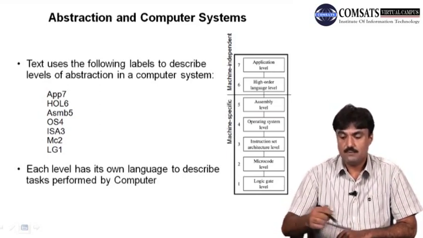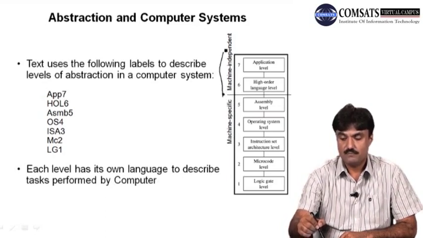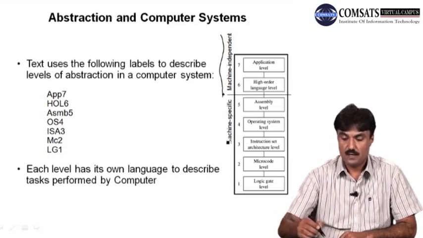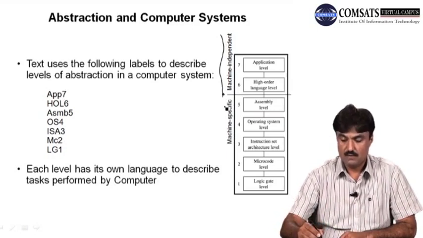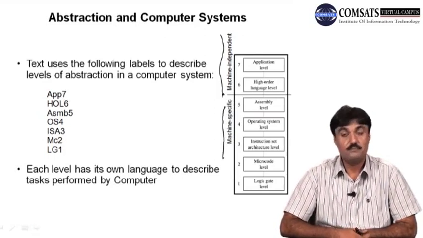Now here you can see that from level number 6 and upward, this is machine independent, and from level number 5 and downward, these are machine specific.